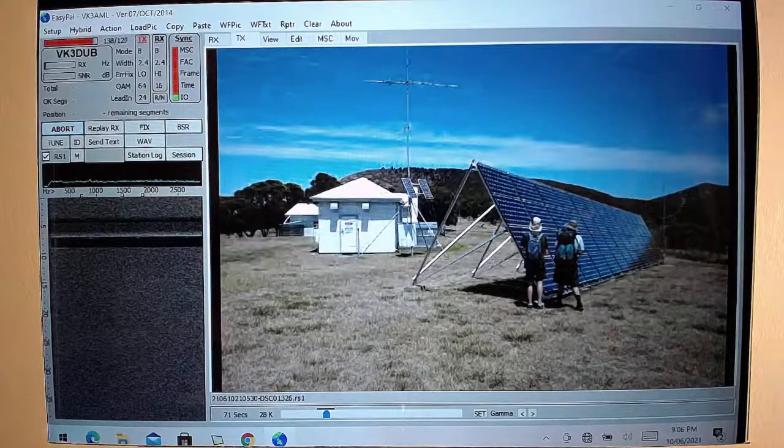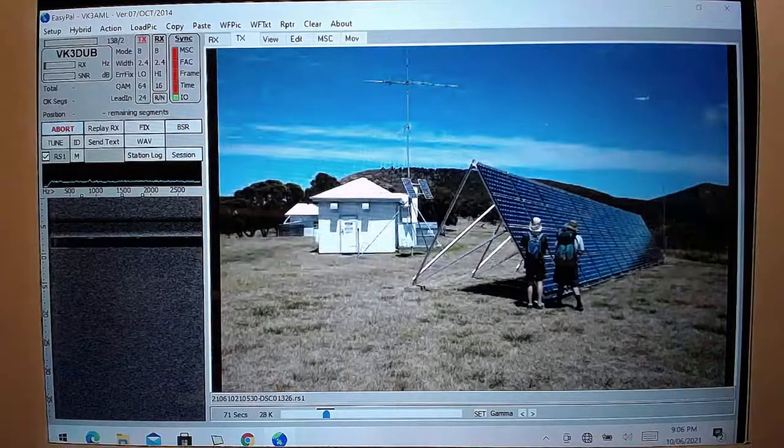This is the progress of the transmit, which will come to an end in a minute. And hopefully they've got it.